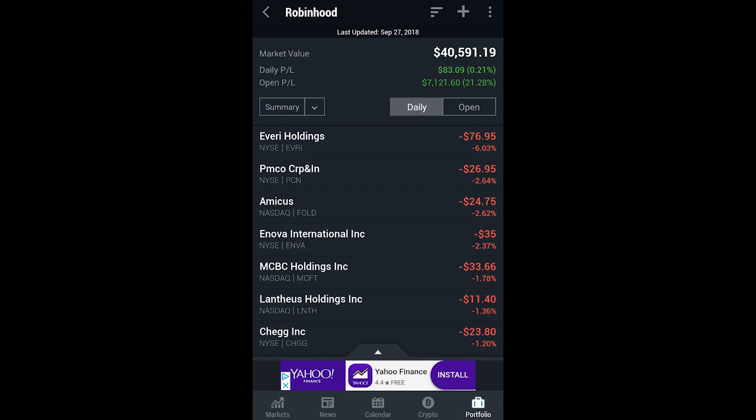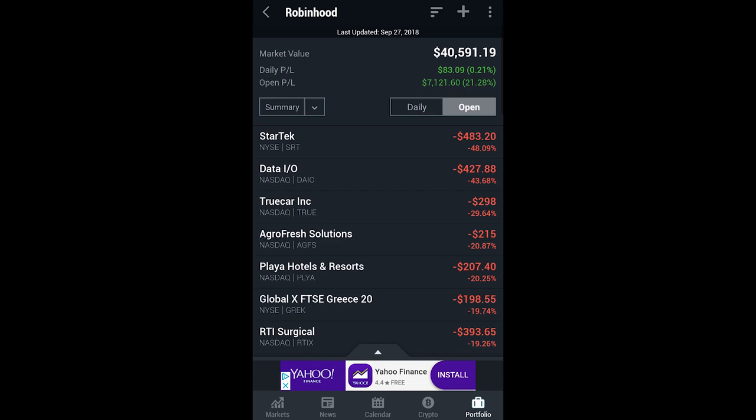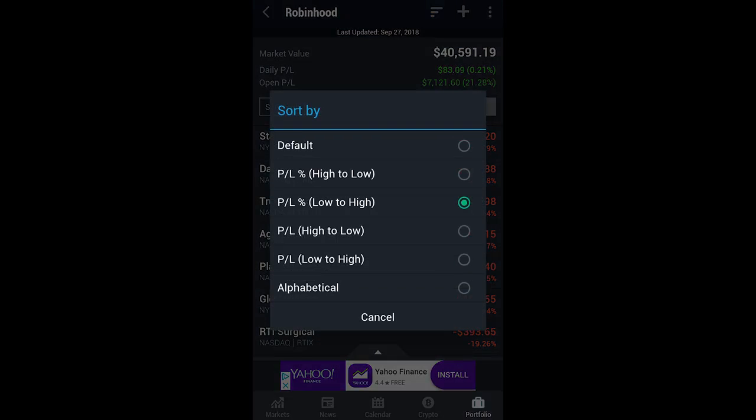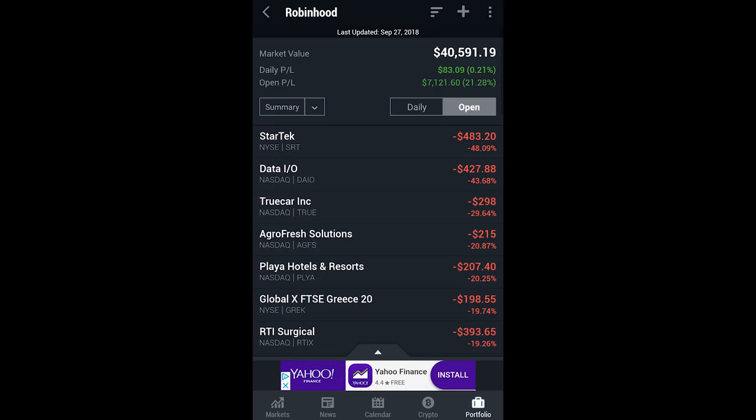And so I can see that my portfolio is actually worth $40,500, and that's including the Robinhood Gold, the amount that I'm borrowing from Robinhood. Now, if I hit the open tab here and arrange it from lowest to highest, you can see that again it shows me the worst stocks first.